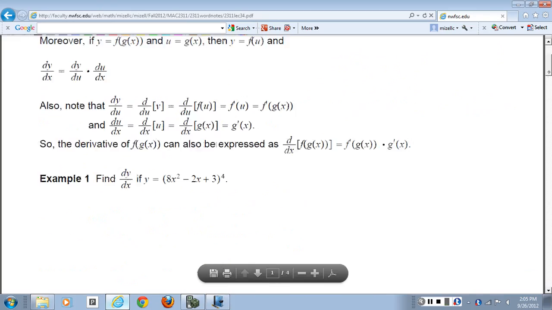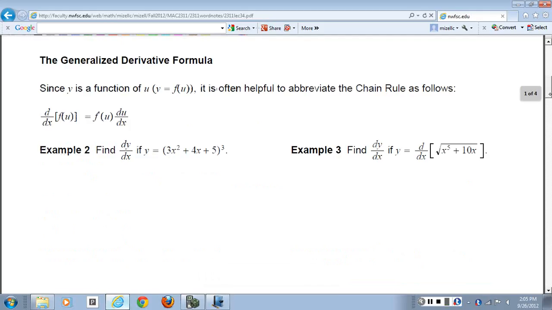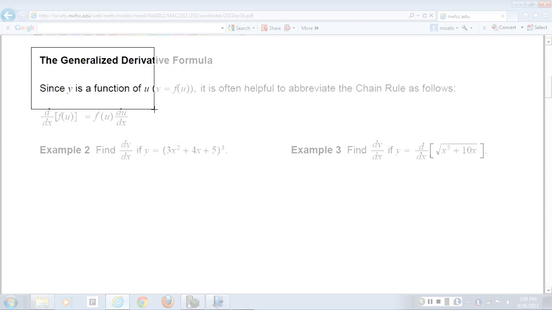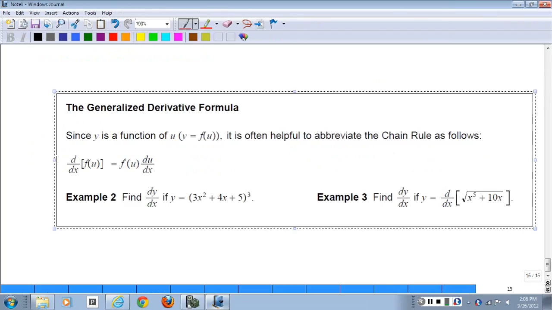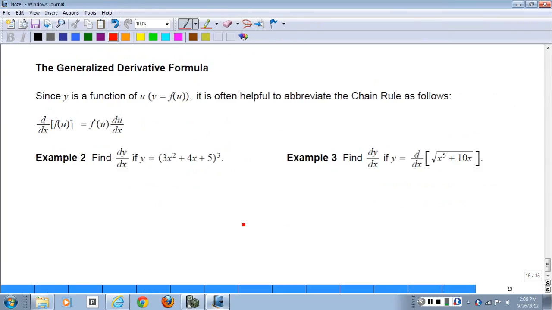Is it time for example 2? We can just try example 2 there. Using the so-called generalized derivative formula, without looking at the specific nuts and bolts of it: dy/dx equals, well, this looks just like the one we just worked. 3 times the whole formula, and then the derivative.